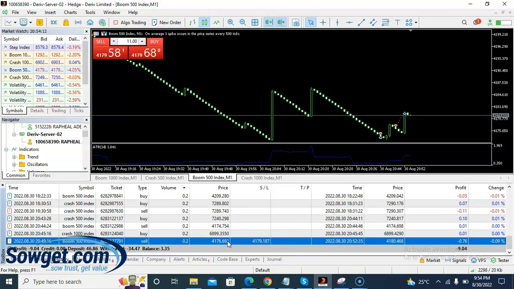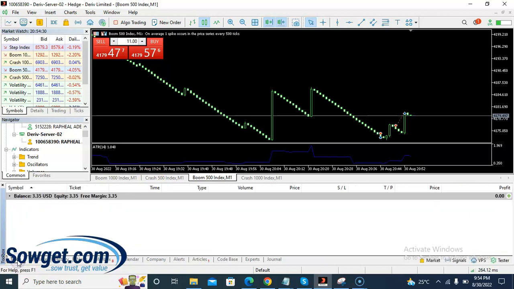Your stop loss will not be honored. If you set a stop loss, you'll be taken out at the top of the spike if you are in a sell trade, and if you are in a buy trade, you will be taken out at the bottom of the spike. So you have to take that into consideration before trading on the Boom and Crash indices.